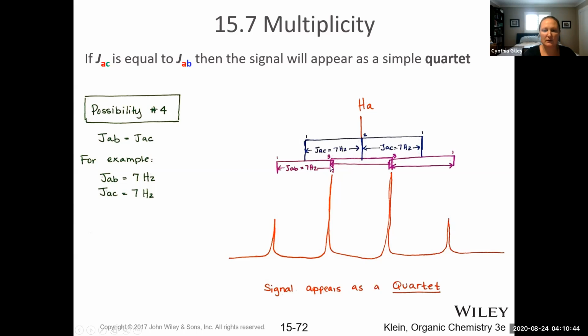These signals overlap, so this was a 1-to-2-to-1 ratio, which is all split into 1-to-1. So 1-to-1 is 1-to-1, 2 here would be 2-to-2, and 1-to-1. So the sum is 1-to-3-to-3-to-1, which is how we get the 1-to-3-to-3-to-1 signal height for a quartet.